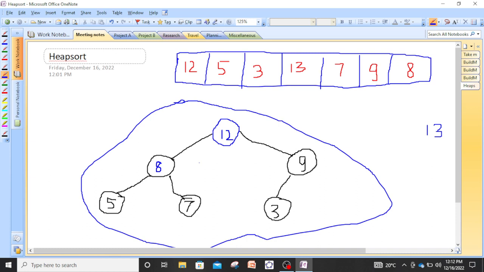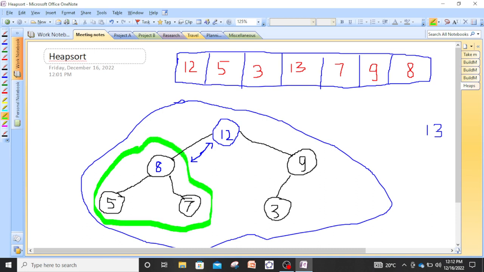You see the interchange has taken place in the left part, so we have to move down the left. When you come to the left, you see a small heap, which I am enclosing in green color.